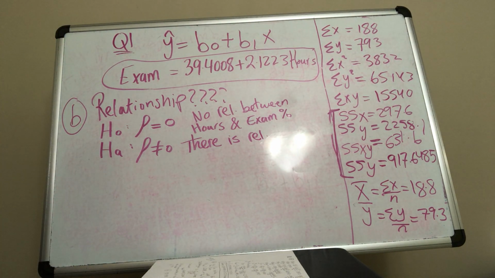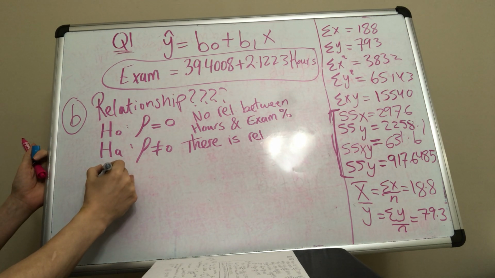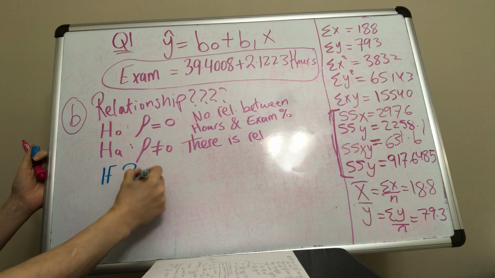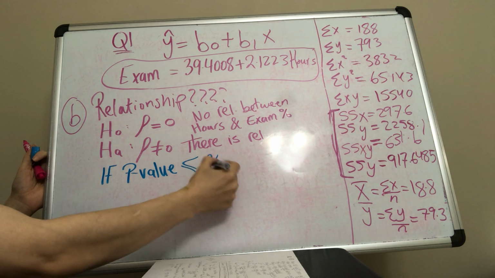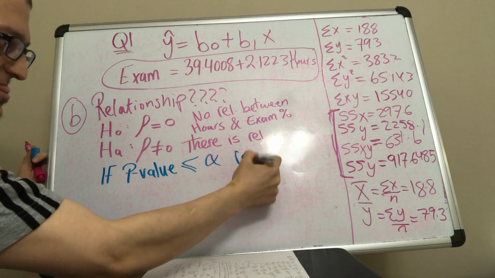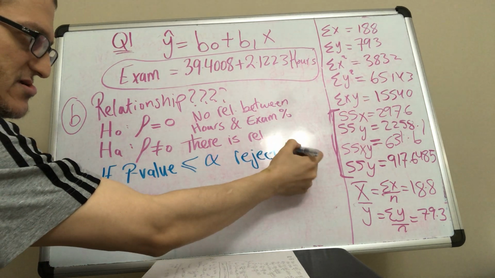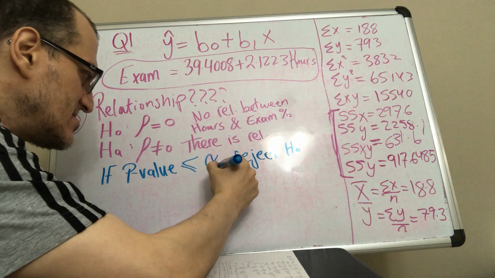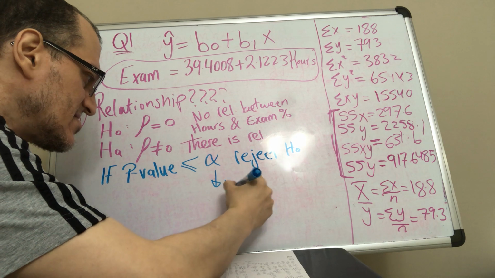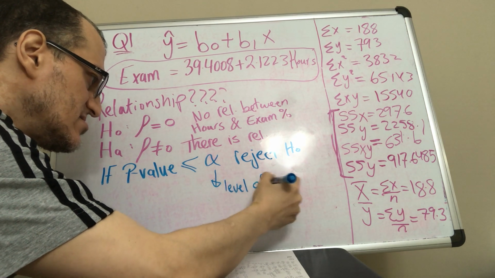In general, in any hypothesis testing, if you're able to prove that p-value is less than or equal to alpha, reject H0. Now alpha is the level of significance.